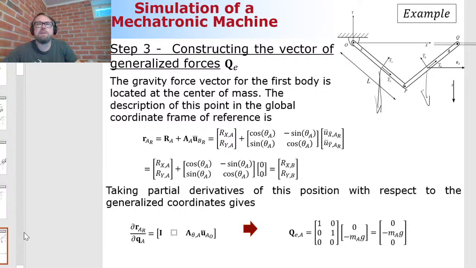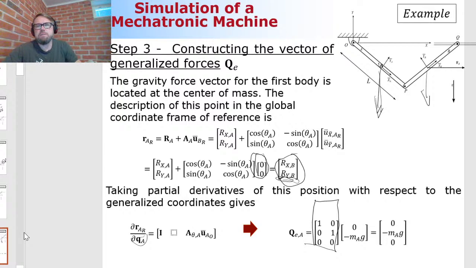where the force is applied in body A, and I'm concluding that in that particular place the vector u bar is the 0, 0 vector, because it's here and this is where the force is applied. What is left is this one here. Once I differentiate this vector with respect to my generalized coordinates, my mapping matrix will be simple like this.